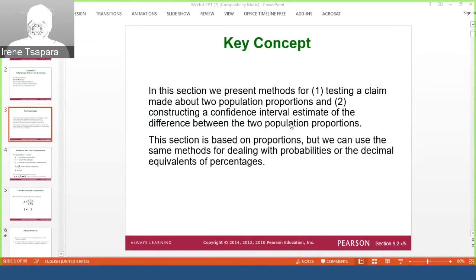What we want is to compare two diets and find out which diet gives us the best results. We want to compare two testing centers and find out which testing center does the better job with preparation for students. We want to compare two students. Assume that you are in the admission department of a university.